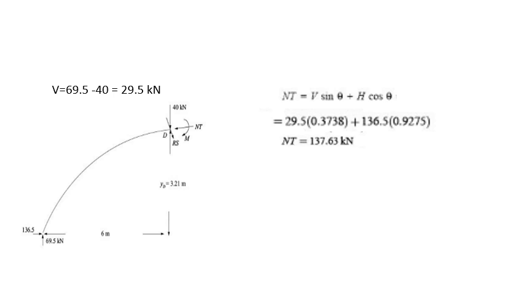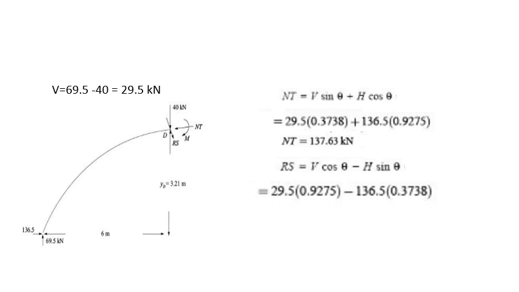So normal thrust is equal to 137.63 kilonewton. Similarly, use the equation, radial shear is equal to V cos theta minus H sin theta. Substitute the values of V, theta, H, everything. We get the radial shear at the section as 23.66 kilonewton.